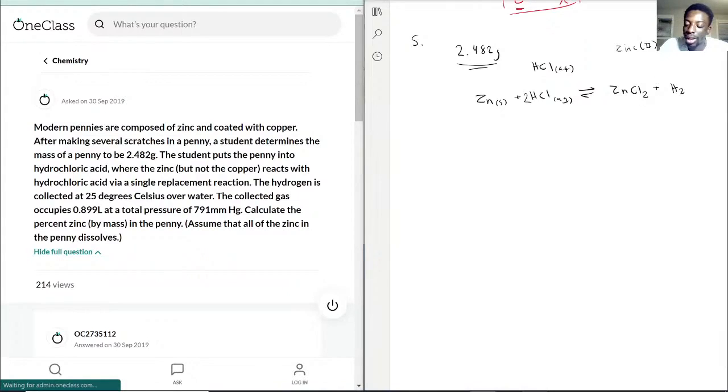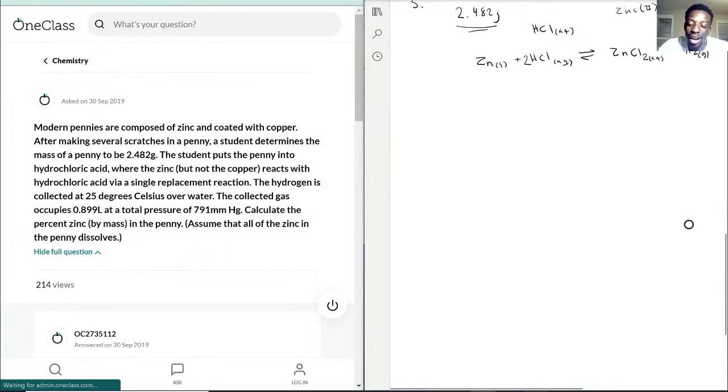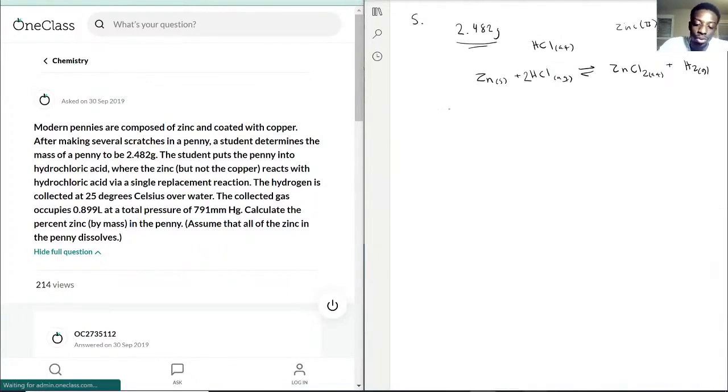So that is what we have there, aqueous and hydrogen gas, as they said, okay, and the hydrogen is collected at 25 degrees Celsius over water.